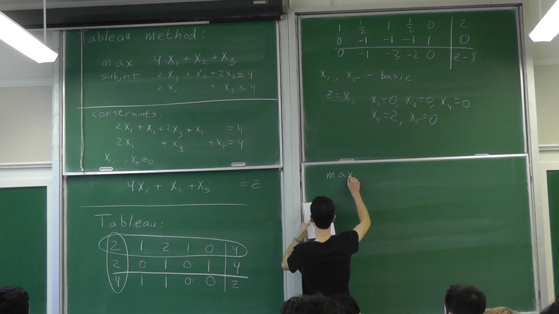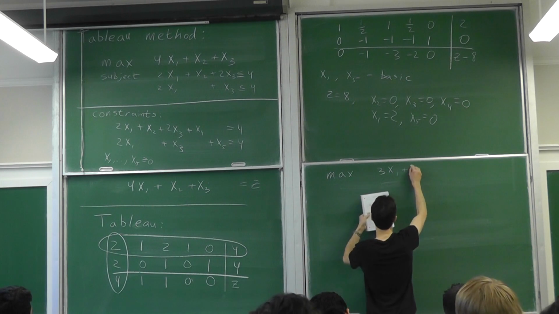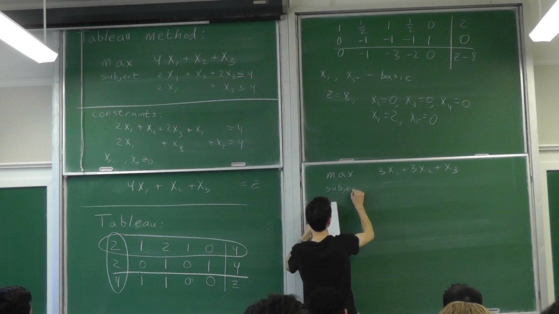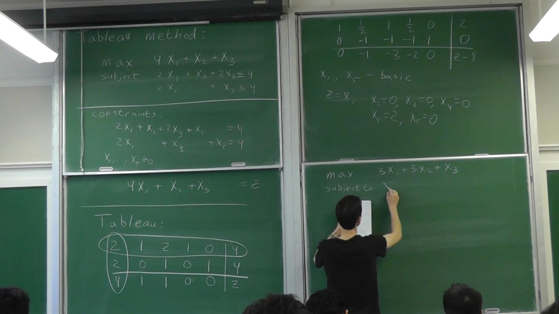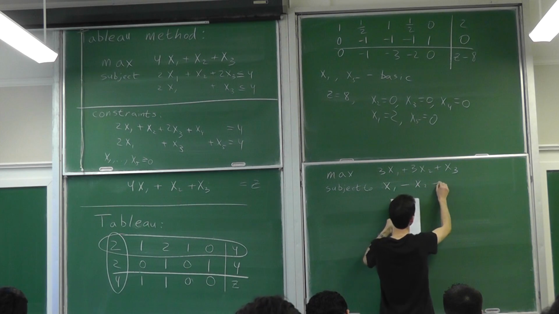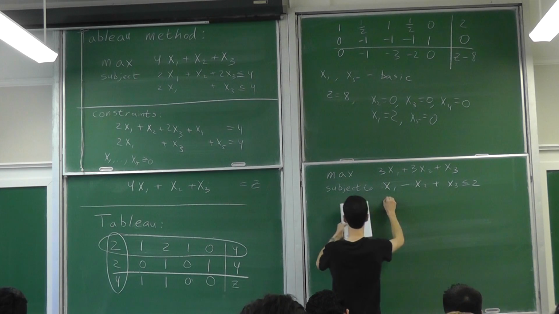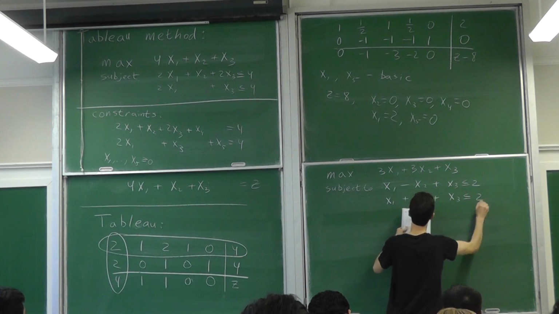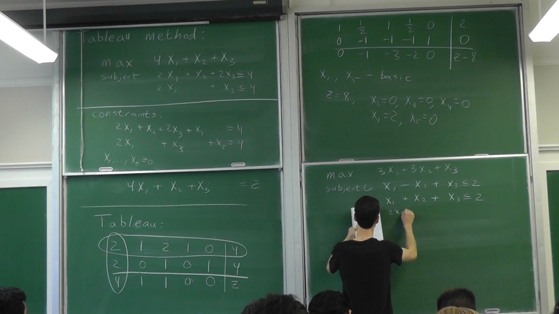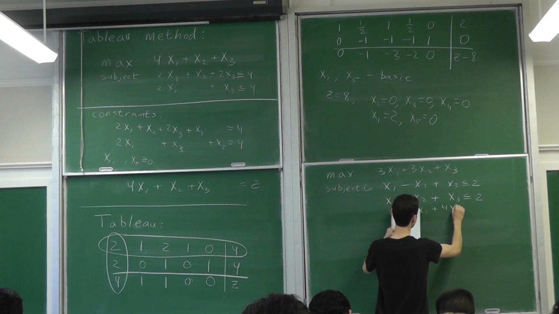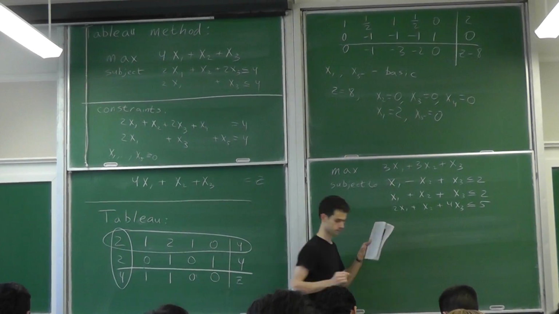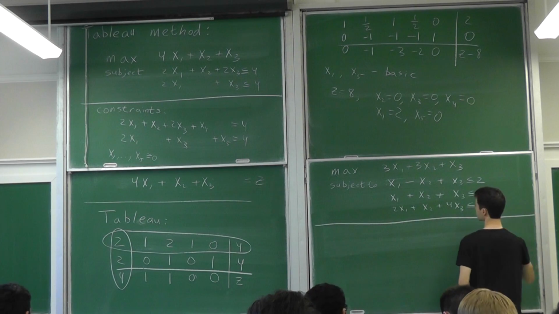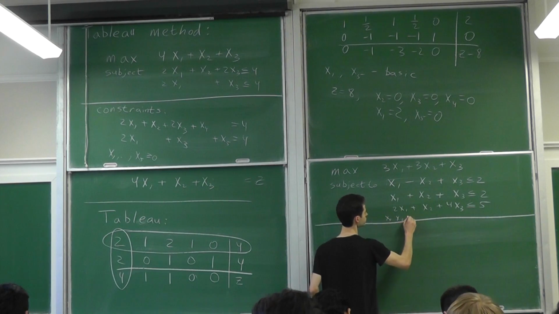Maximize 3x1 plus 3x2 plus x3 subject to x1 minus x2 plus x3 smaller or equal to 2, x1 plus x2 plus x3 smaller or equal to 2, and 2x1 plus x2 plus 4x3 smaller or equal to 5. And of course, x1, x2, x3 are nonnegative.